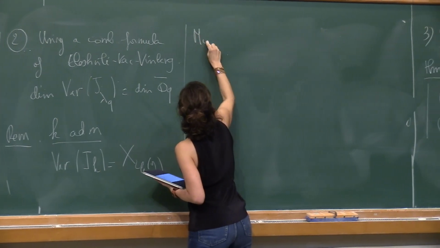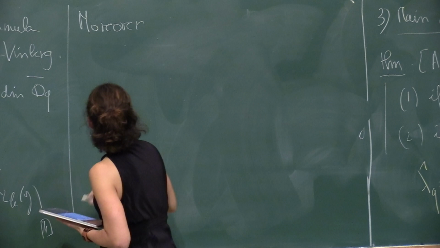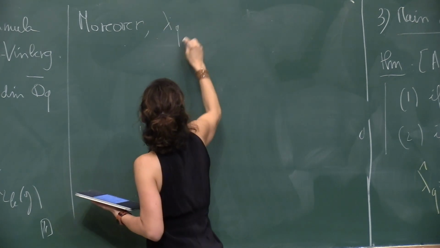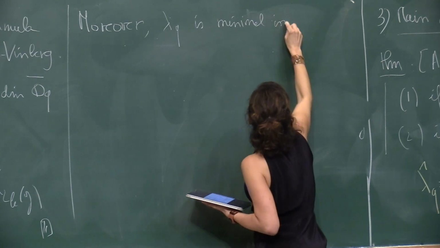So moreover, this concludes what I wanted to say about the proof, but moreover, lambda_Q is minimal in some sense.